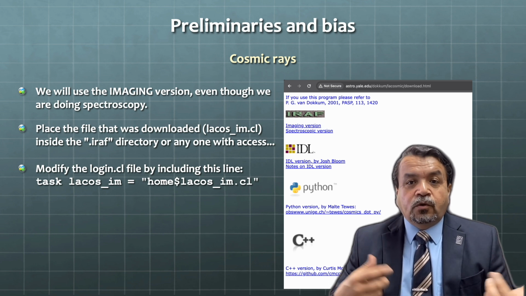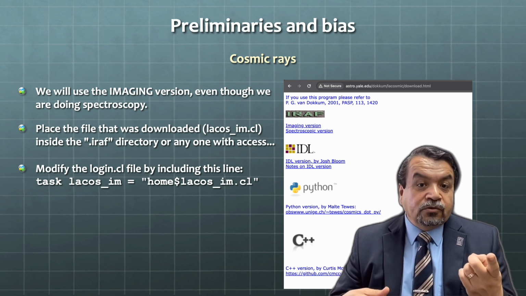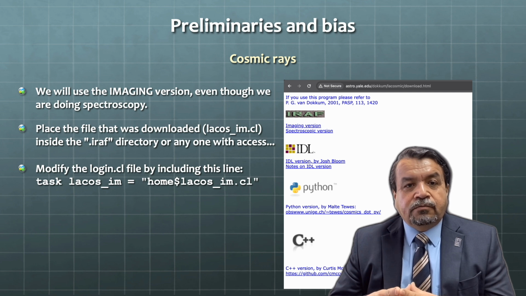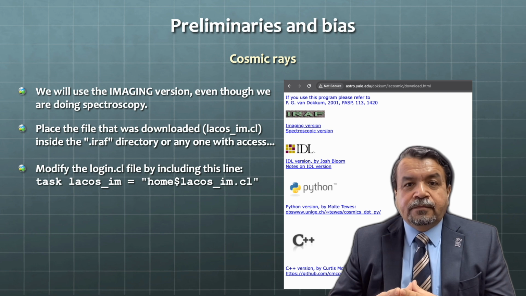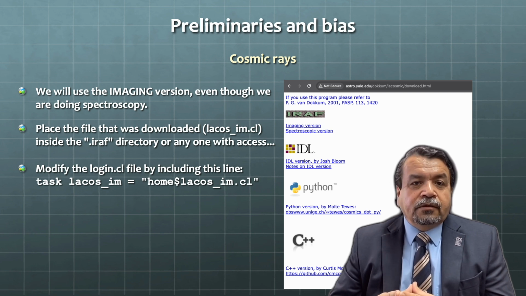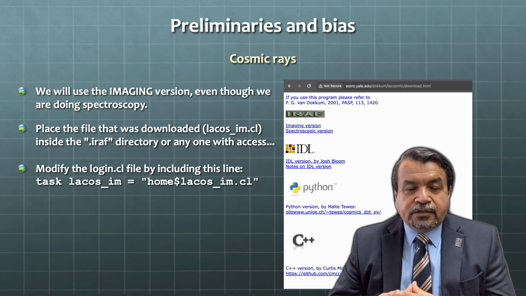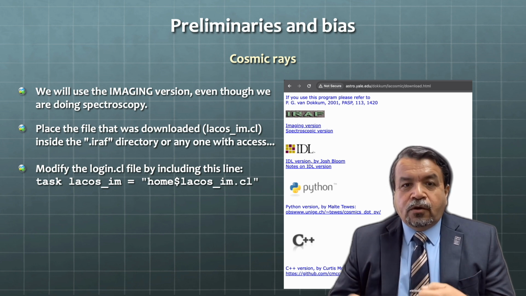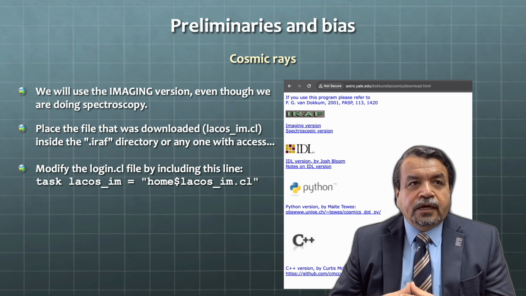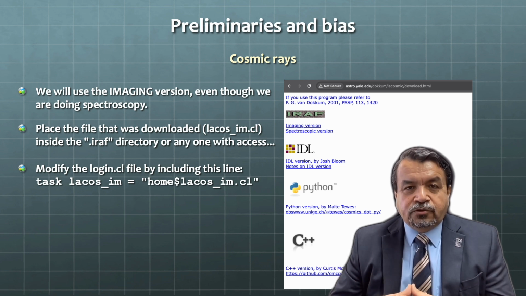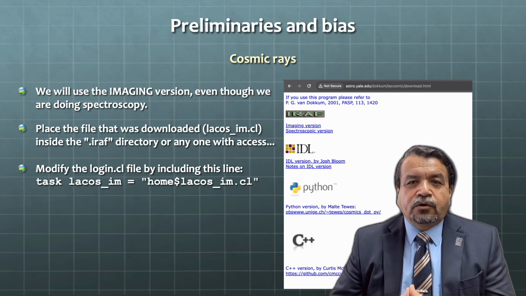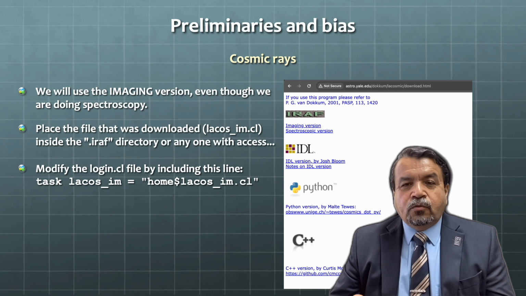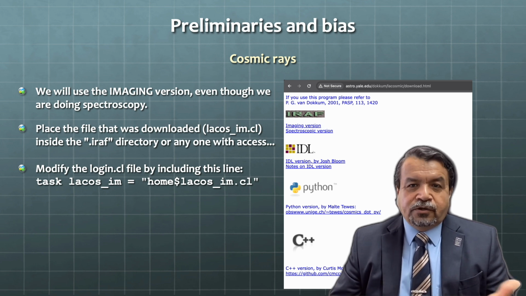If you're learning how to reduce data with Python, it'd be interesting for you to use these routines because they've been extremely helpful to me. I found that the version of the file we should use is the image version, since a program of this nature, which operates by cleaning images, is unable to differentiate whether we are observing an object, a spectrum, or an image, because what it perceives is the emission and cosmic rays.